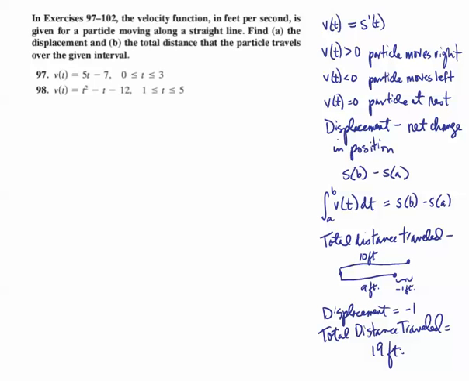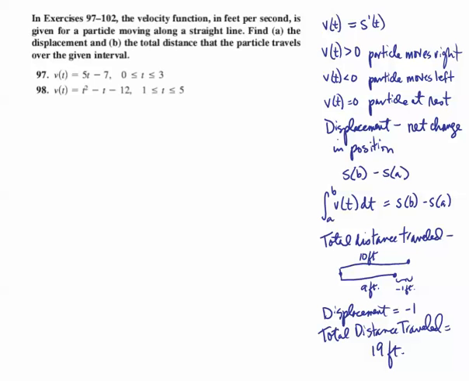Displacement is just how far you end up from where you started, and total distance traveled is the positive yardage that you travel in any direction. So if you move 10 feet to the left, then that's 10 feet total distance traveled. If you come back 9 feet to the right, then that's 9 more feet total distance traveled, for a total of 19 feet total distance traveled.